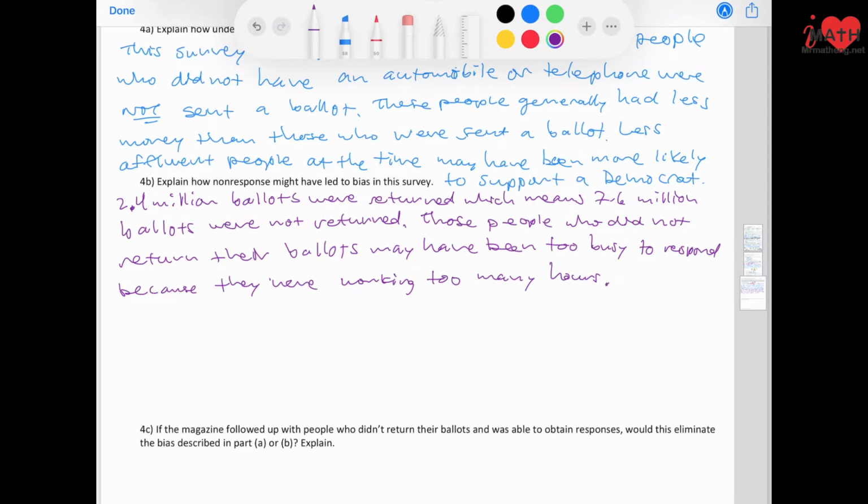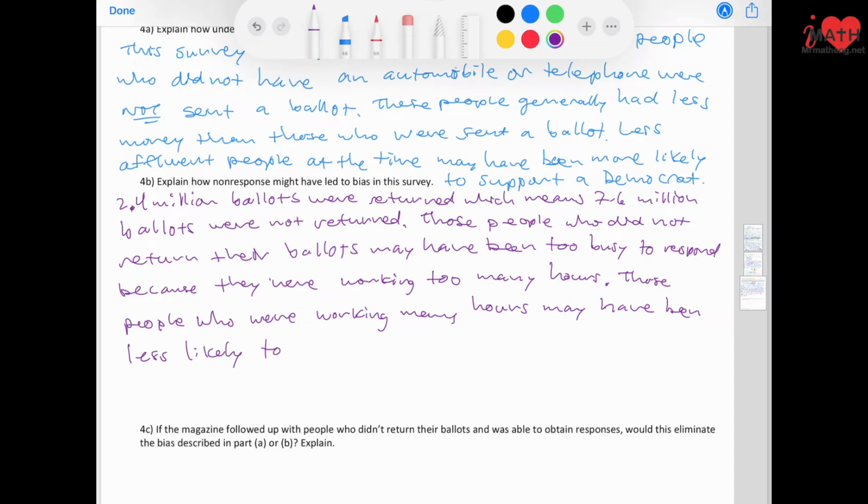Those people who are working many hours may have been less likely to support a Republican candidate.